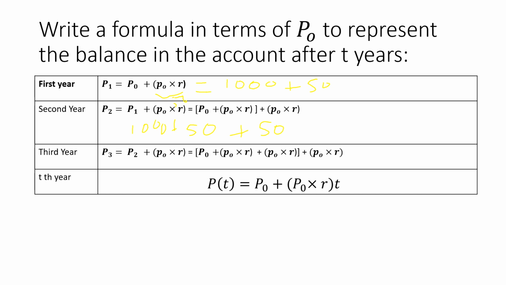And third year you have 1,000 plus 50 plus 50 plus 50. This equation means 1,000 plus 1,000 times 5/100, the interest rate, times t, or we can say x. In this equation, y is the balance and t is x, the time.